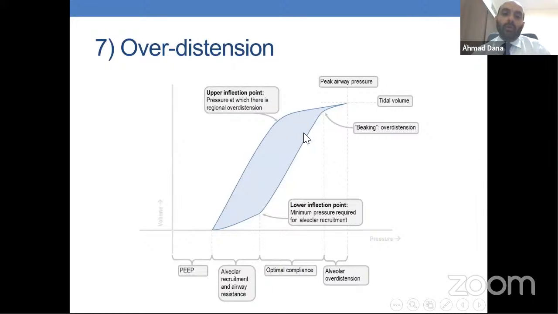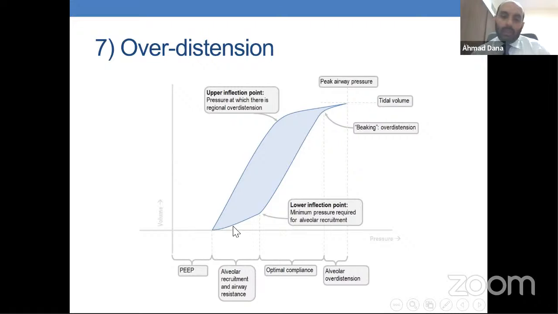Now, one important aspect is the overdistension. So from the pressure volume loop, we said there is an opening pressure, maximum opening pressure, then there is a closing pressure. Opening pressure, again, just to emphasize it.